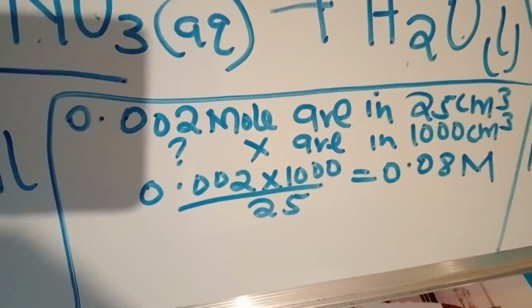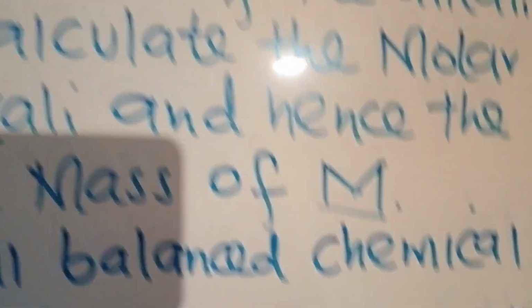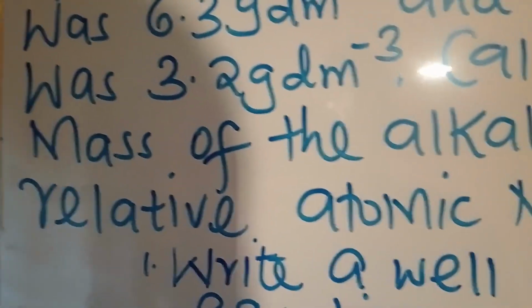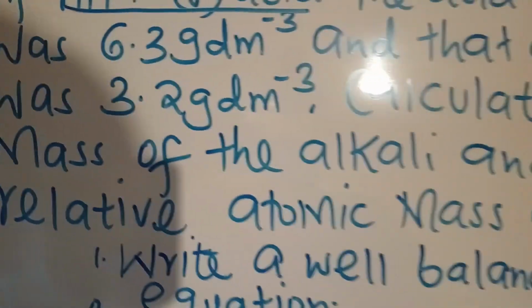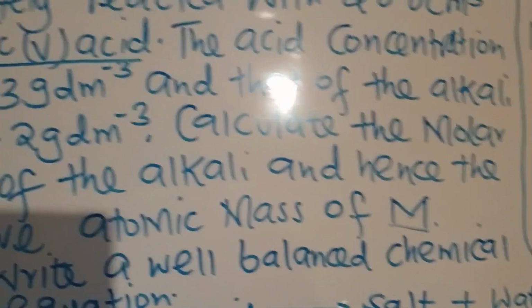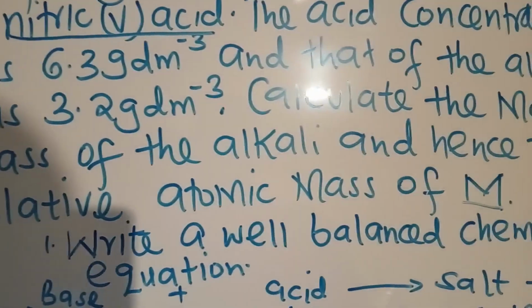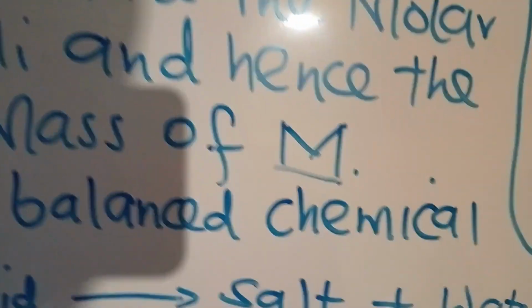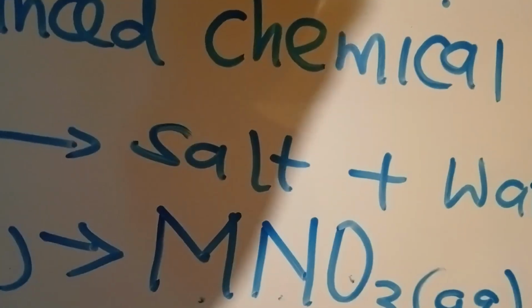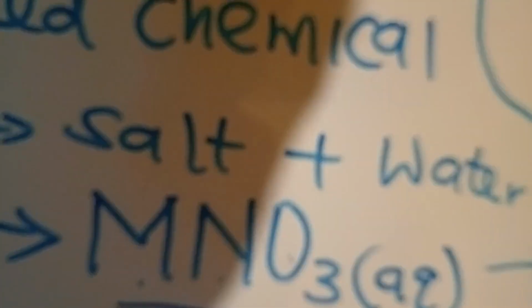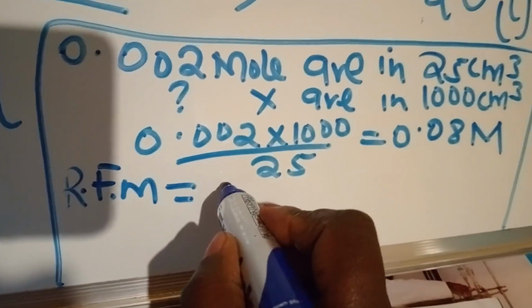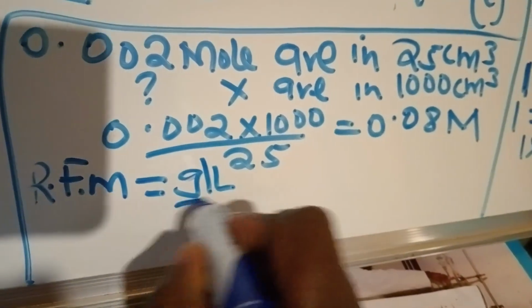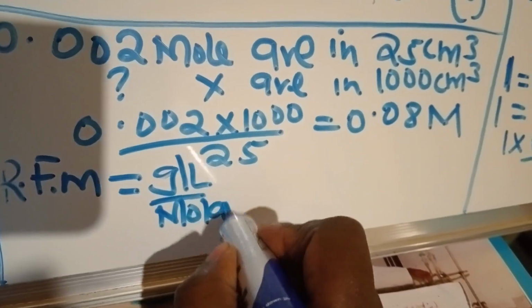The question that we have is asking us, let us reread the question once more. Calculate the molar mass of the alkali and hence the relative atomic mass of M. So molar mass in this case is R.F.M. The formula that we use to get R.F.M is gram per liter over molarity.